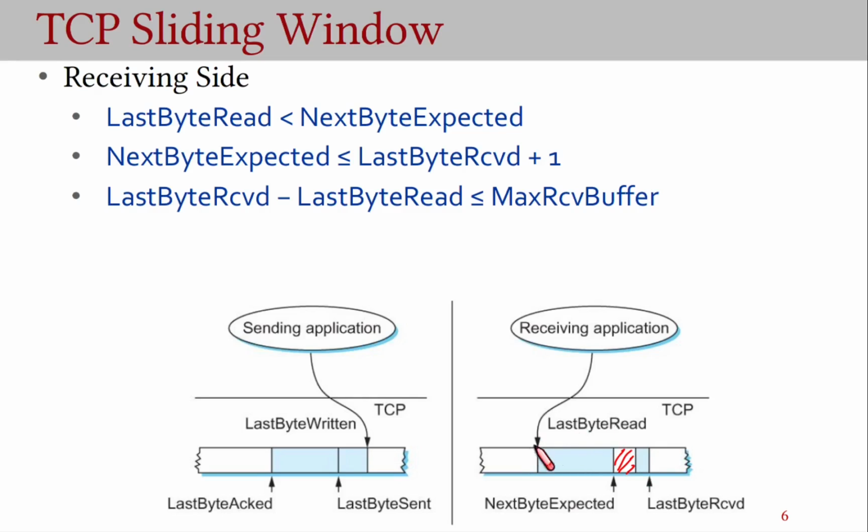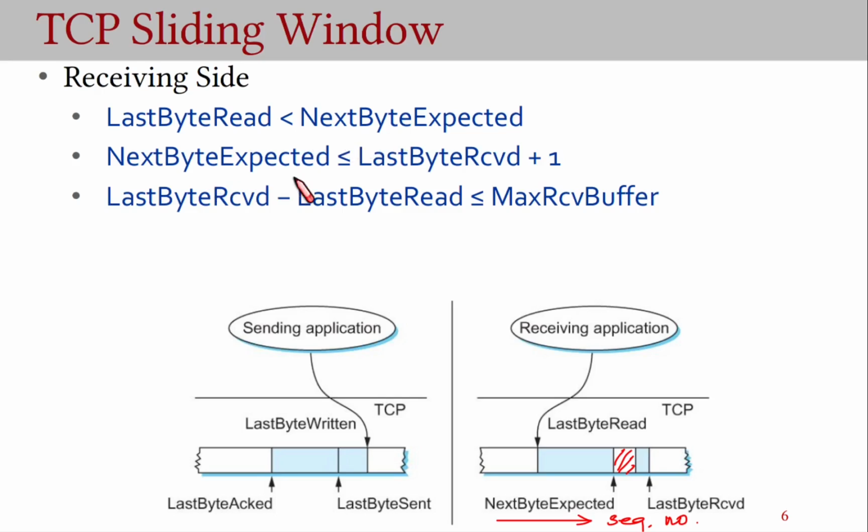So the last byte read is pointing here. Recall that sequence number increases to the right. So last byte read by the application is less than next byte expected, because if data is delivered in order, you expect at least one more than the last byte read.